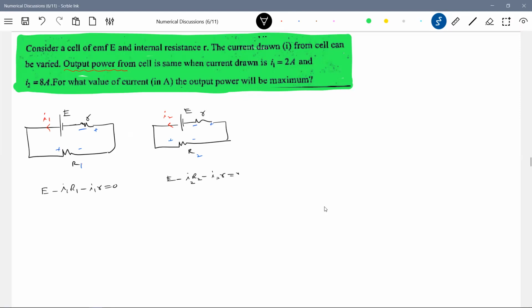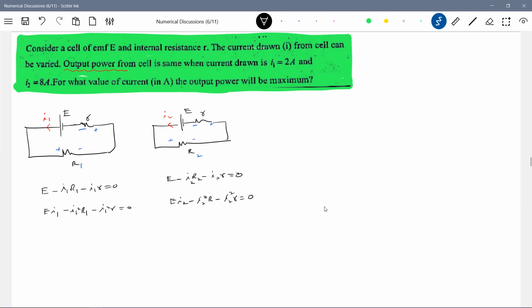Let me multiply by I1: E I1 minus I1 square R1 minus I1 square R equal to 0. Here, E I2 minus I2 square R2 minus I2 square R. It's telling the output power will be the same in both cases.